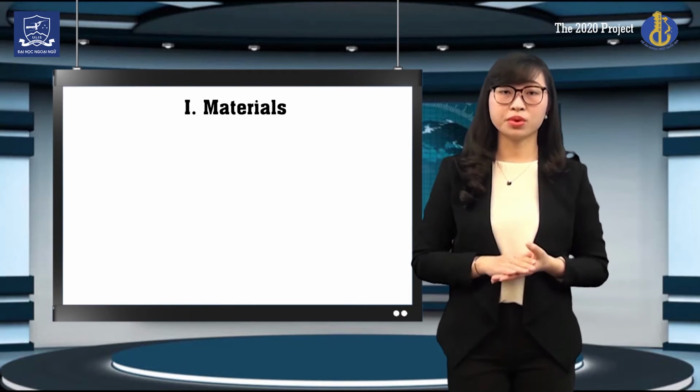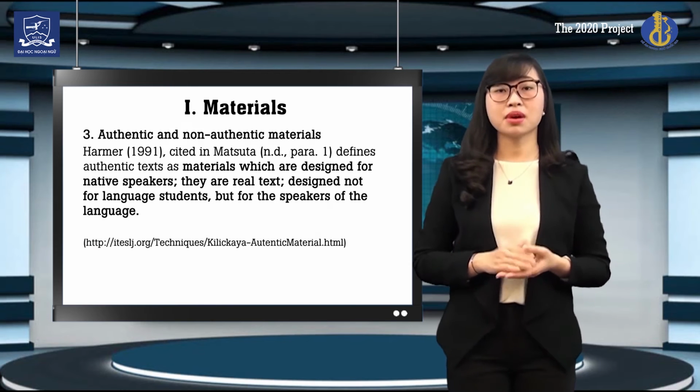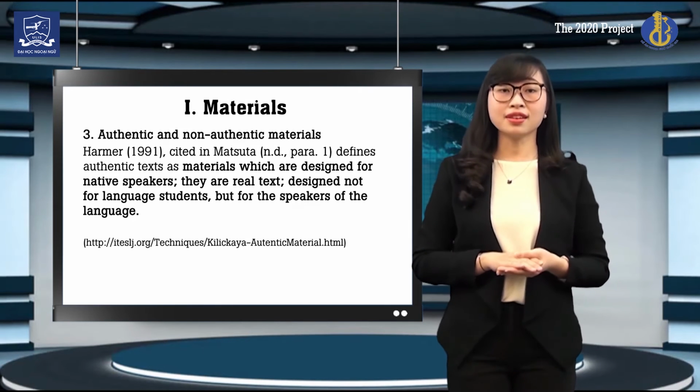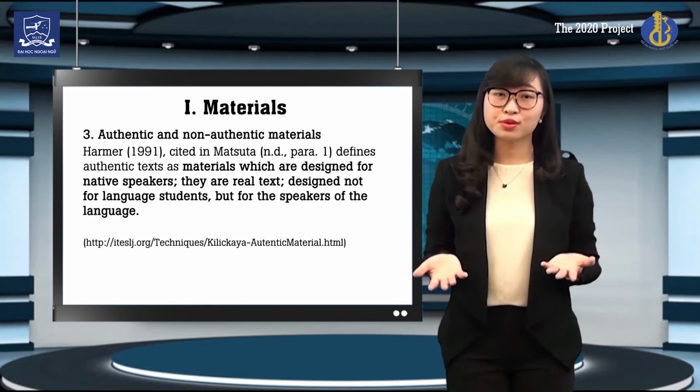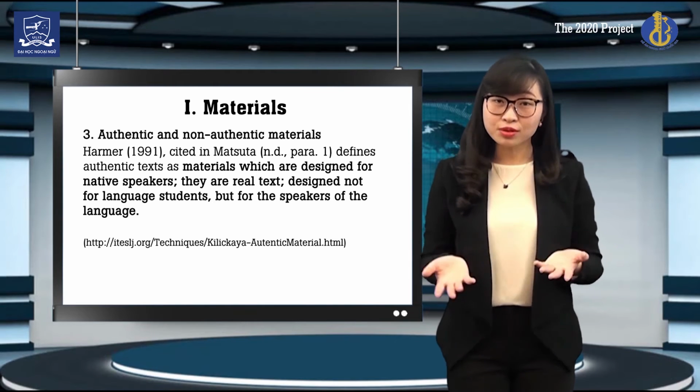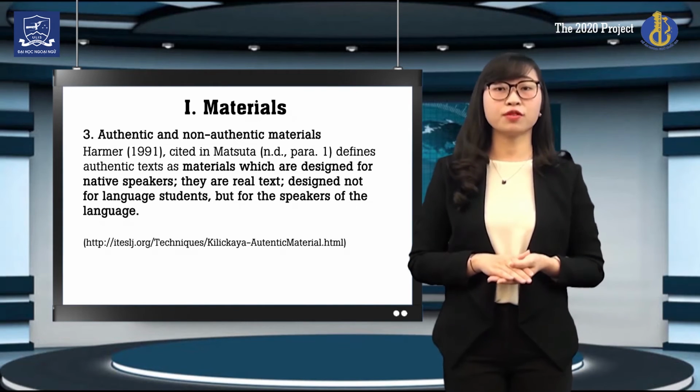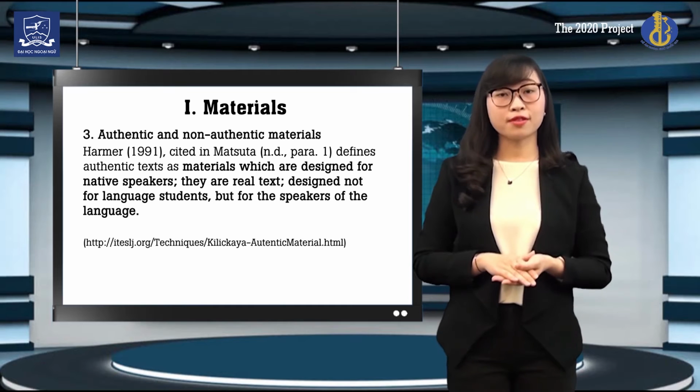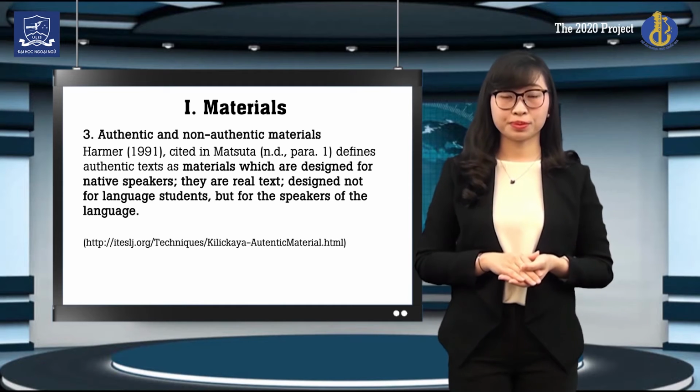Or Harmer, cited in Matsuda, defines authentic texts as materials which are designed for native speakers. They are real texts, designed not for language students, but for the speakers of the language.